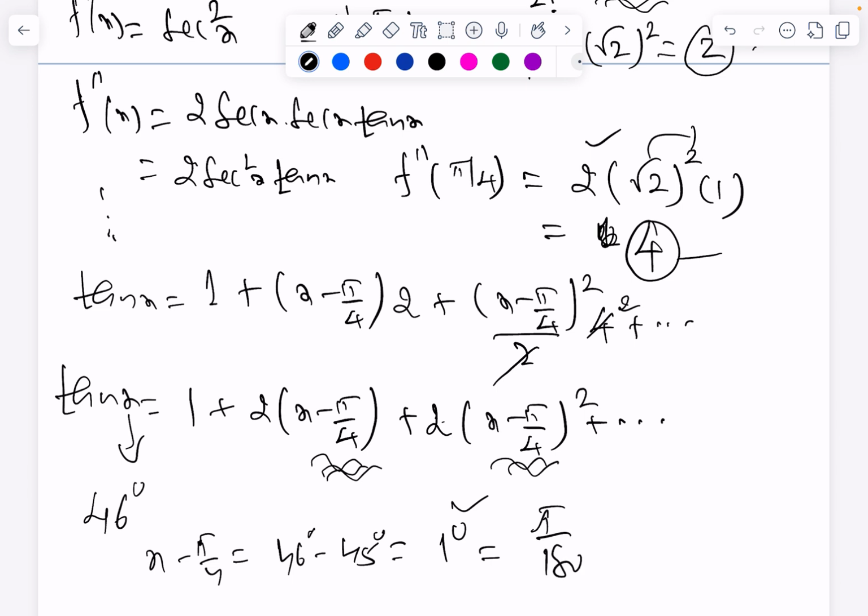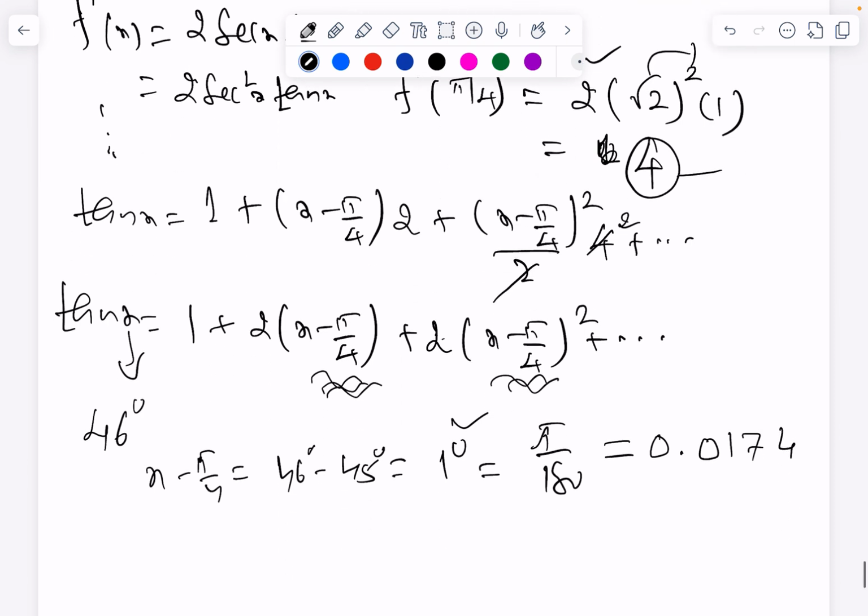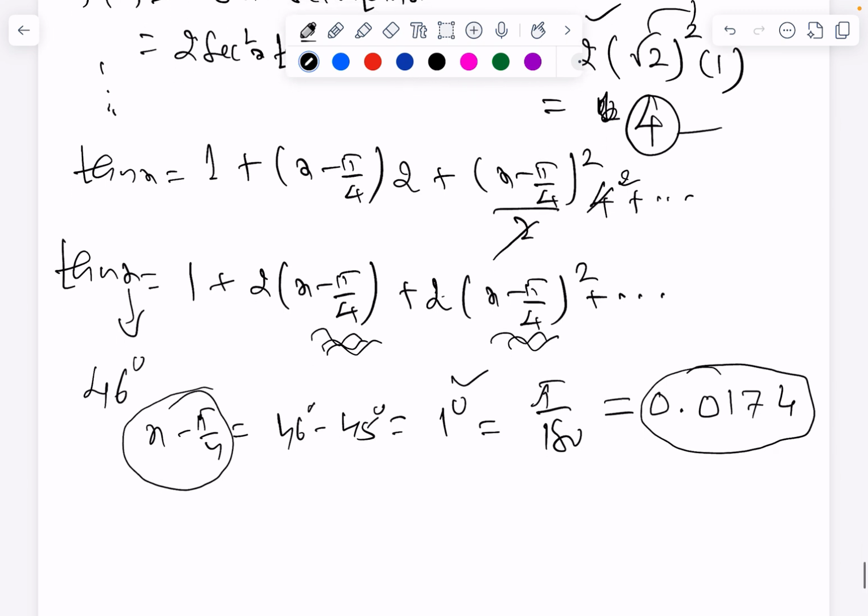So that is pi upon 180. And when we use the calculator, you get the value as 0.0174. That is the value of x minus pi by 4 when we take x to be 46 degree.